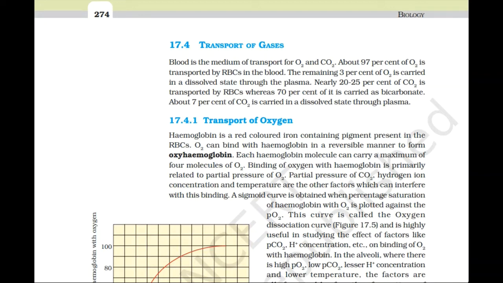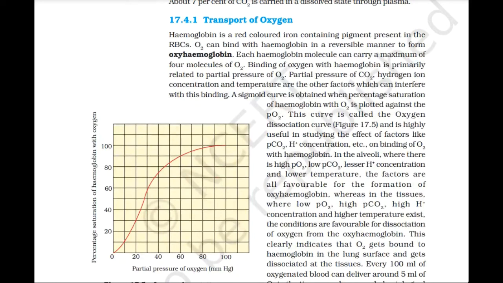About 7% of CO2 is carried in a dissolved state through plasma. So, maximum O2 is transported by RBCs, while maximum CO2, that is 70% of CO2, is carried in the form of bicarbonate.